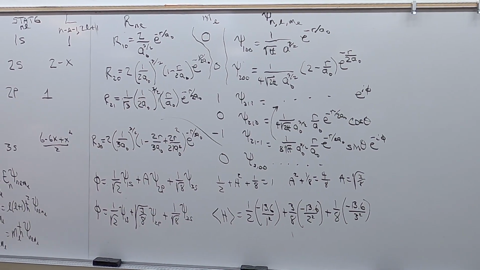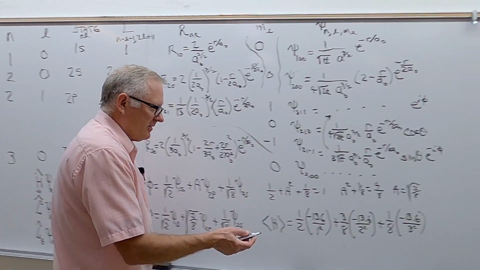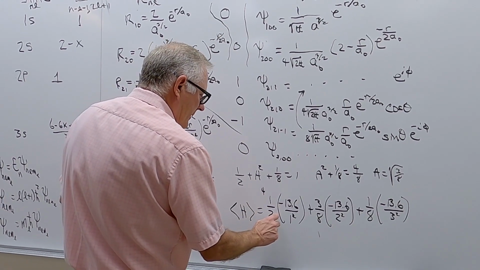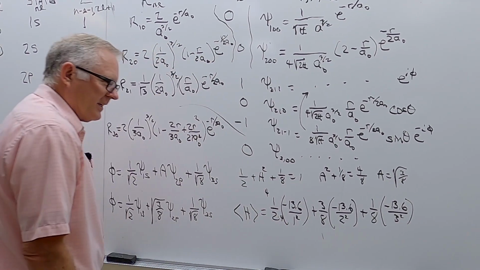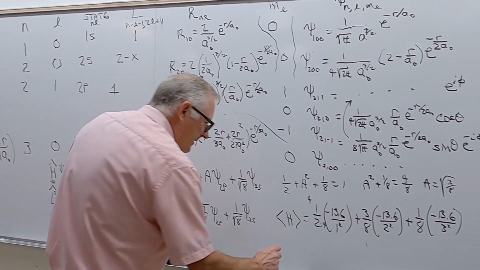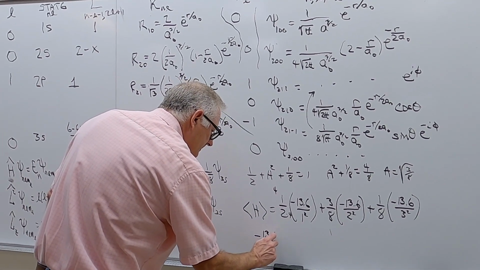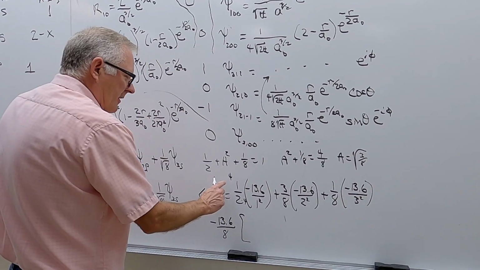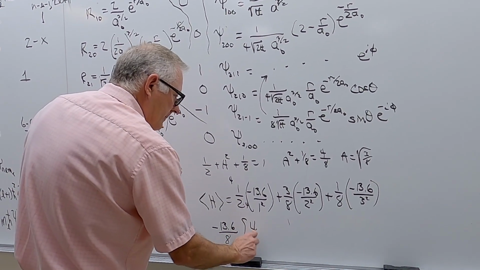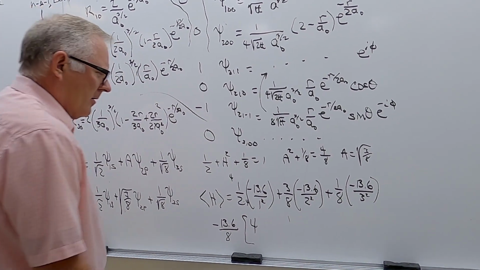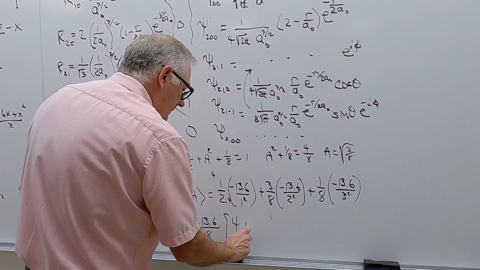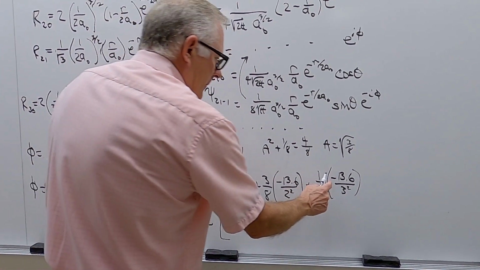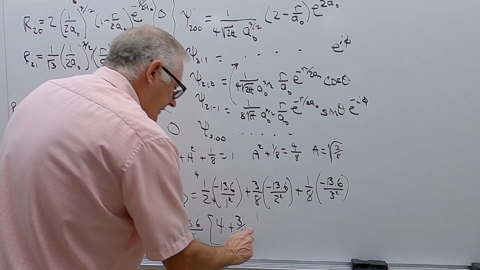Okay, and you could factor out some stuff. I guess we could make this 4 over, and another 4 down there, and factor out the minus 13.6 all over 8, and we'd be left with 4 plus 3/4 plus 1/9.